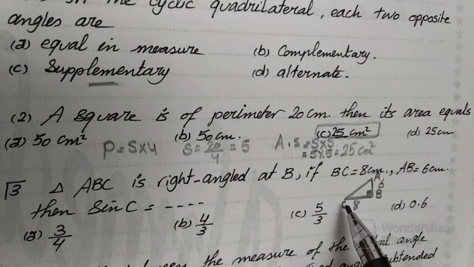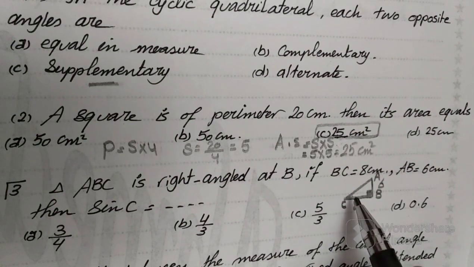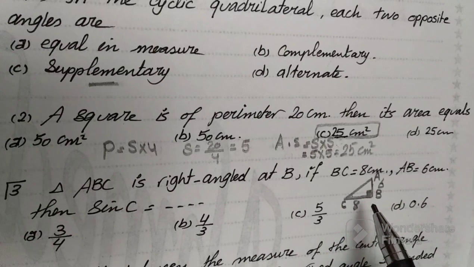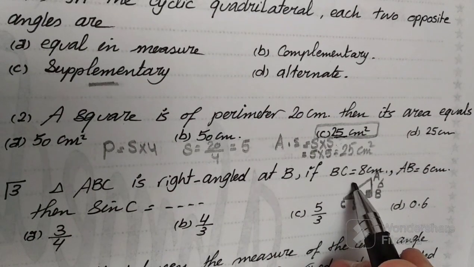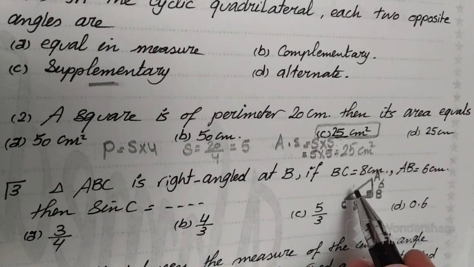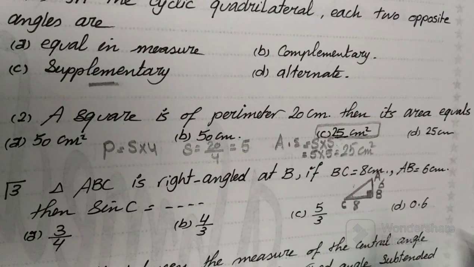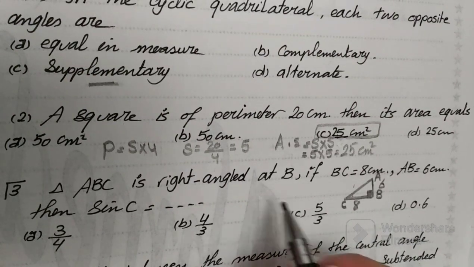We want to find sin C. Sin C equals opposite over hypotenuse. The hypotenuse does not exist, then we use the Pythagoras theorem to find it.